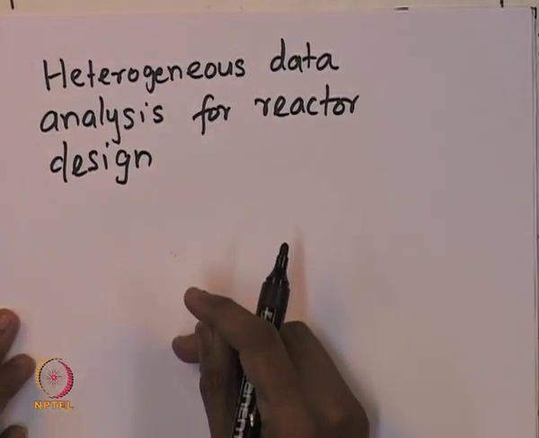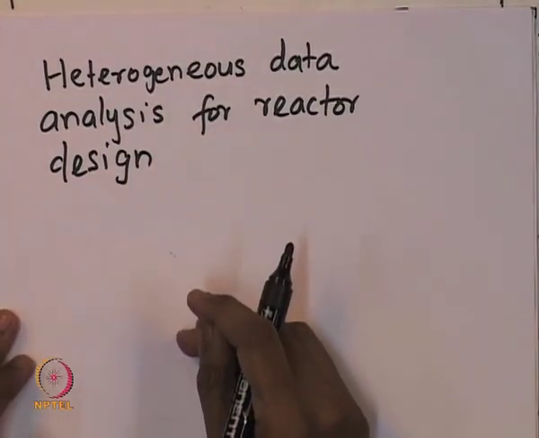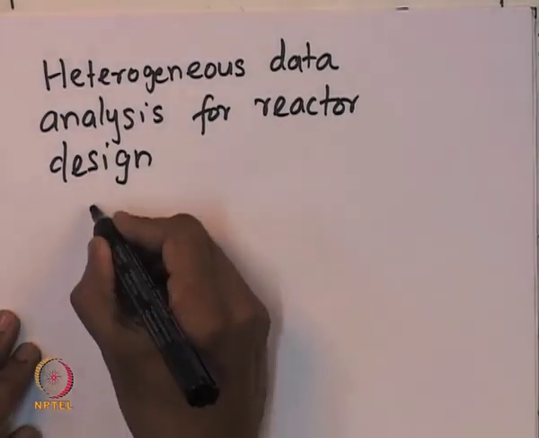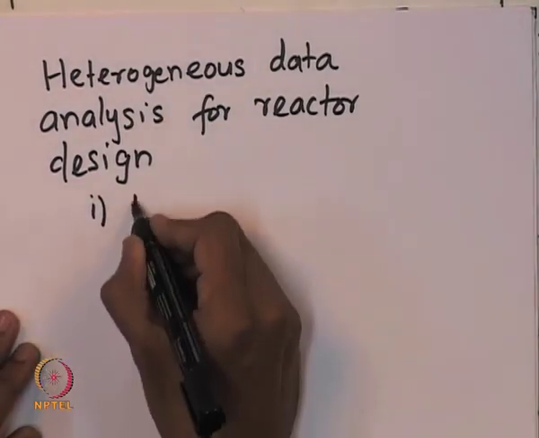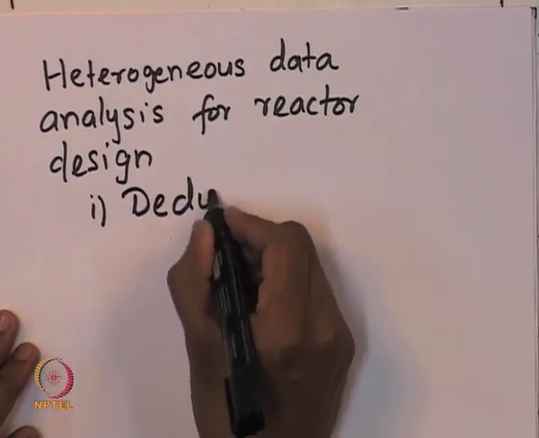So, the general algorithm for designing a reactor is as follows. The first step is to deduce a rate law.